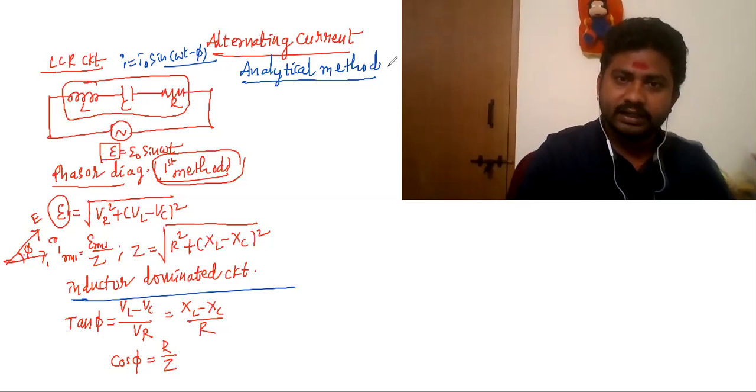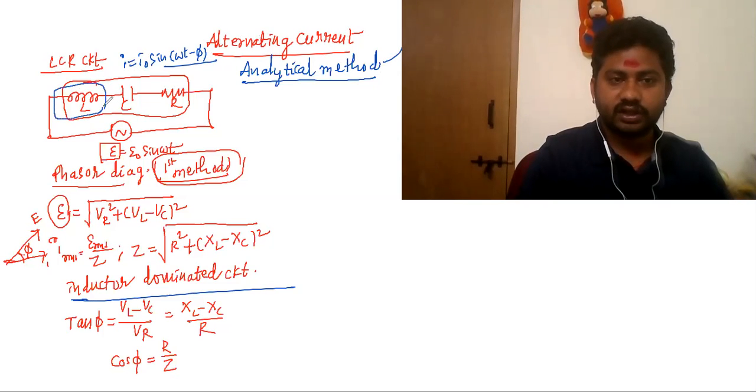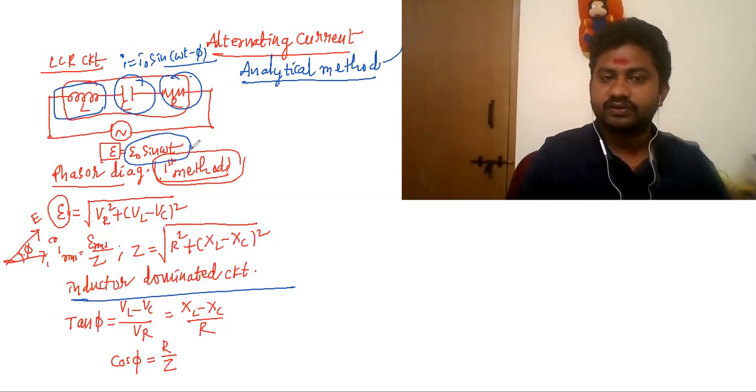In the analytical method, the potential difference across the inductor plus the potential difference across the capacitor plus the potential difference across the resistor must be equal to the applied potential of the circuit.